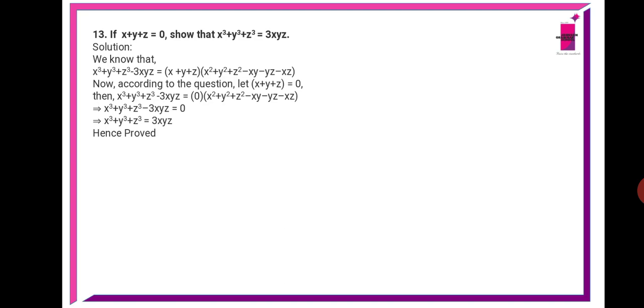So the product with 0, the entire RHS becomes 0. Now you will get x cube plus y cube plus z cube minus 3xyz as 0. So if we send minus 3xyz to the other side, you will get x cube plus y cube plus z cube equal to 3xyz. So if x plus y plus z equals 0, directly we can take the sum of the cubes of those numbers as 3xyz.